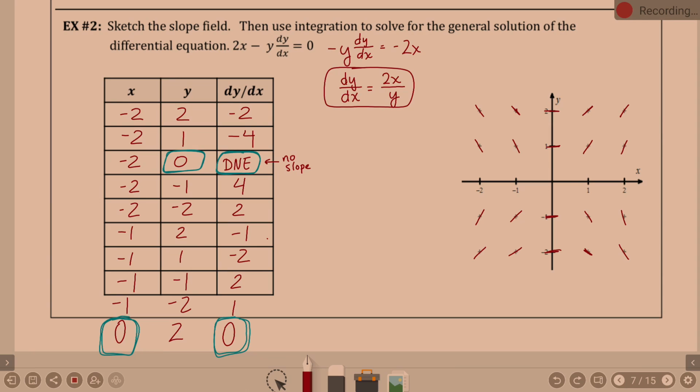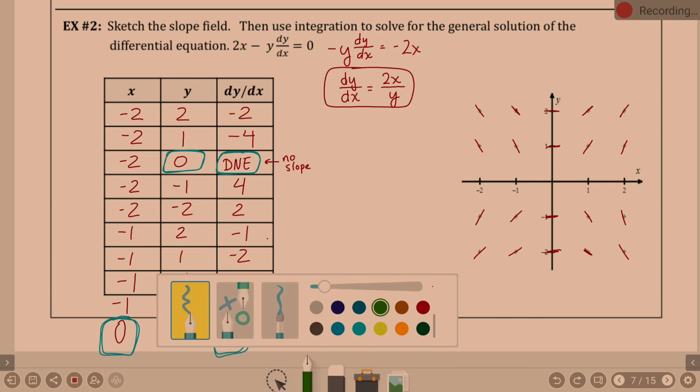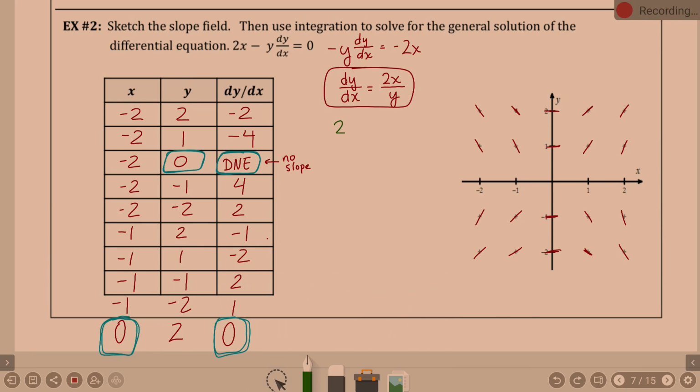If we go and integrate this real quick, we're going to do it anyways because it's good practice. I don't want it in this form, which is what threw me off, because I don't want to integrate that form. I need to get my y's and x's separate.